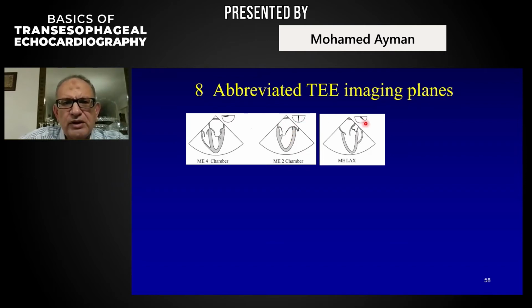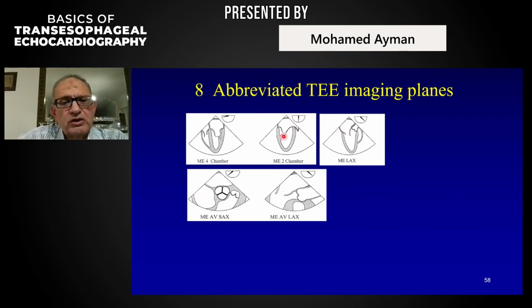Then increasing to 120, you are going to have the left ventricular long axis, inflow, outflow, while you are in the same position. Put it in the mid-esophagus, obtain this 4-chamber first, it's easy to get. Press on the button, increase the angle, this 4-chamber will become 2, increase more, we are going to have the long axis. Very easy.